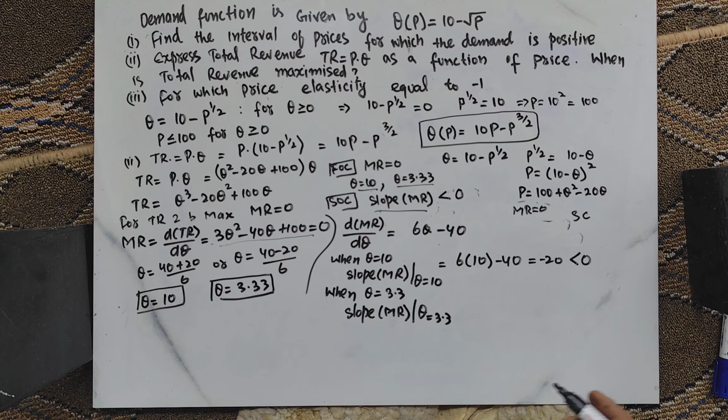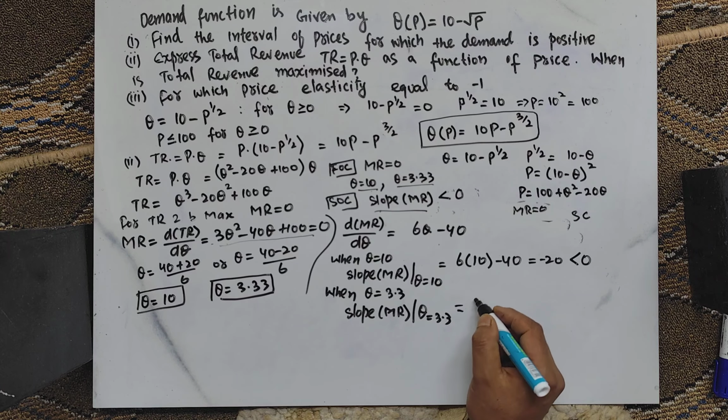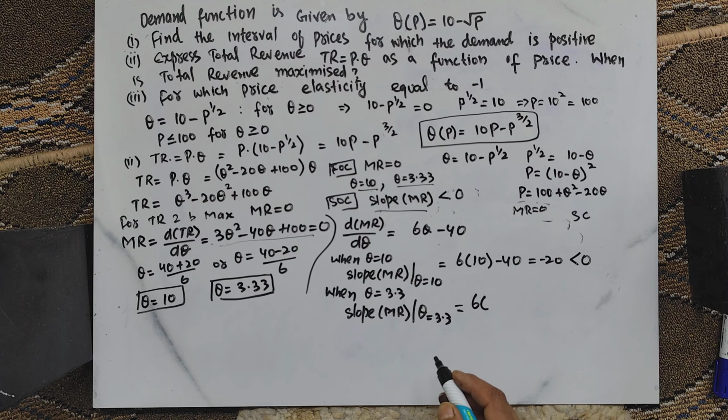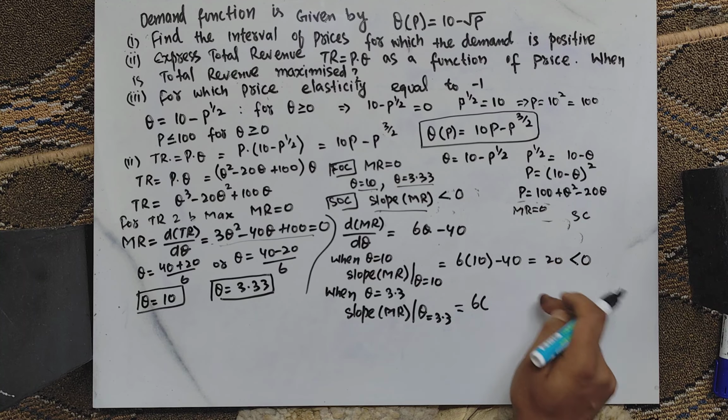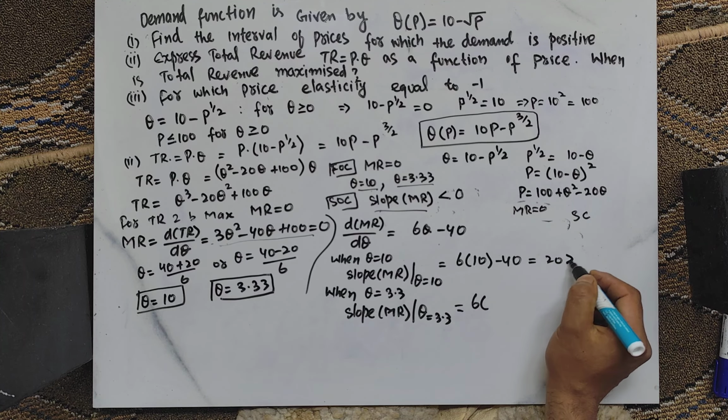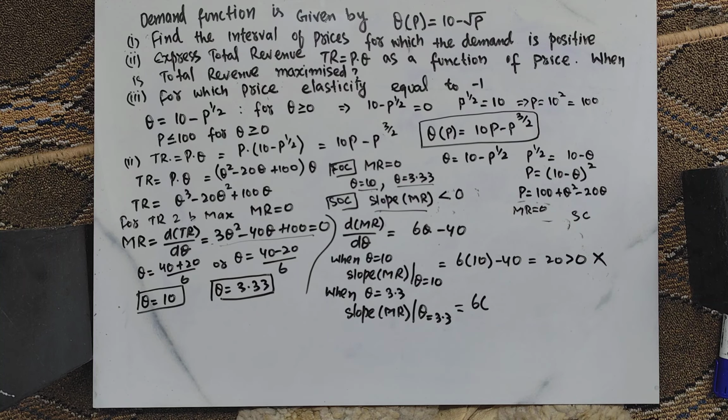Sorry for this notation, I have no space here to write it properly. So plug in here, we have 6 into 3.3. Sorry, I have made a mistake here. 6 times 10 is 60 minus 40 is positive 20. Okay, so it is positive 20, so this will not maximize the total revenue.